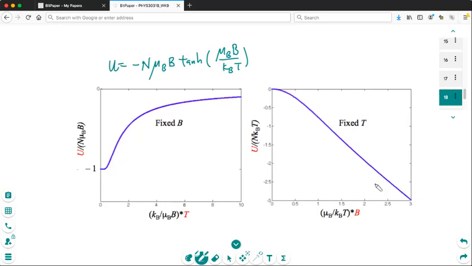This is linear, a curve with a slope of 1. So if you go to high field, you will see this becomes very linear.